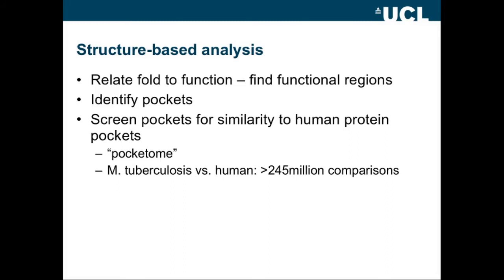Now, we can relate fold to function and find functional regions, and then we can identify pockets. And of course this is part of the process of small molecule drug design in general. However, what we can also then do is screen those pockets for similarity to pockets seen on other human proteins.